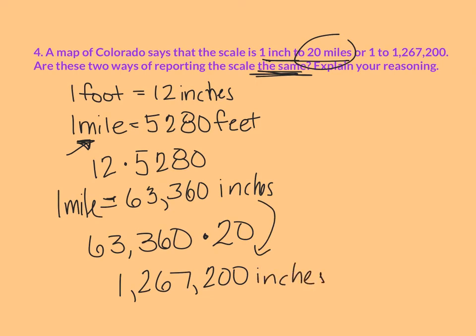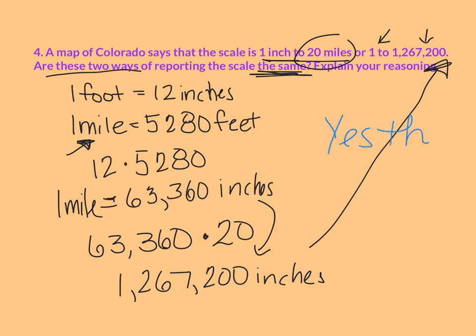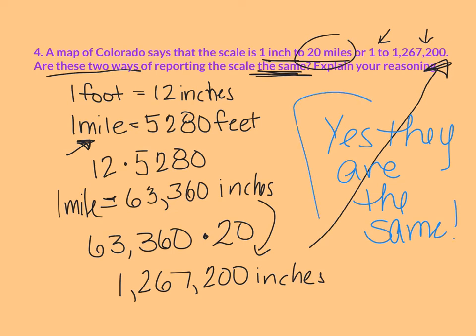So that's inches, and this just so happens to be the same, 1 to 1,267,200. Are they the same? Yes, they are the same. And our proof is right here, how we work that out.